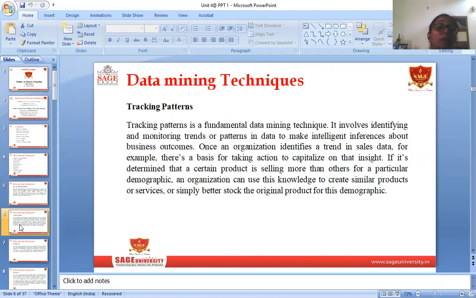Now we discuss tracking pattern. Tracking pattern is a fundamental data mining technique. It involves identifying and monitoring trends or patterns in the data to make intelligent inferences about the business outcomes. Once an organization identifies a trend in the sales data, for example, there is a basis for taking action to capitalize on that insight.